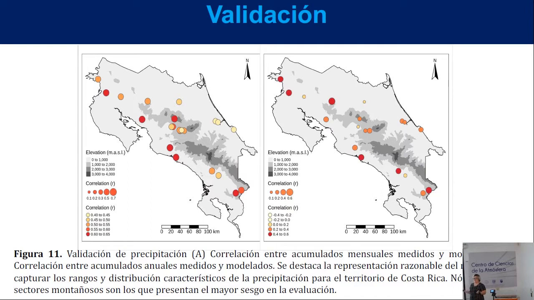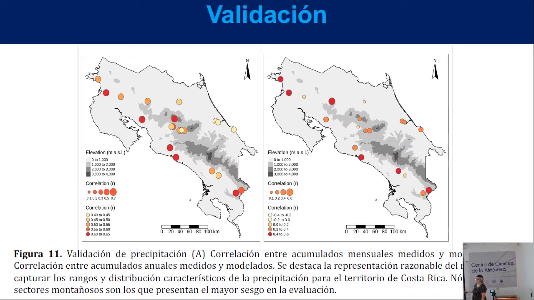So we have to make a compromise about what we want to represent. When we later generate this data at a daily scale, this improves a lot, but in the long run, it's information that we have to consider. It's a commitment that we have. And then we can have useful information.